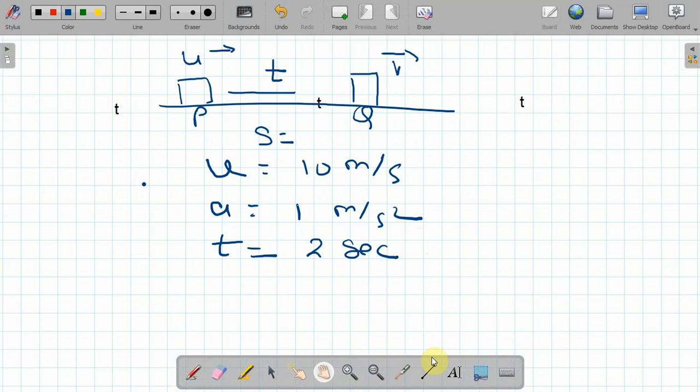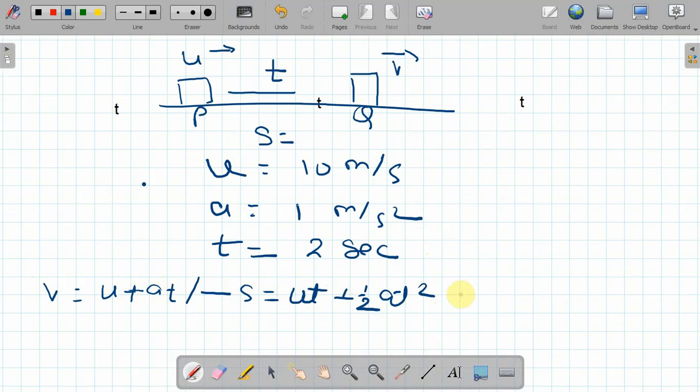How can we calculate it? We have three equations of motion: v is equal to u plus at, s is equal to ut plus half at square, and v square is equal to u square plus 2as.